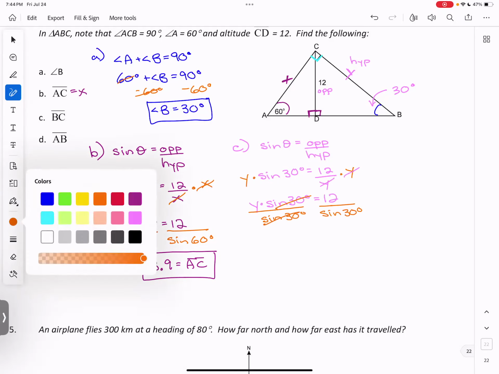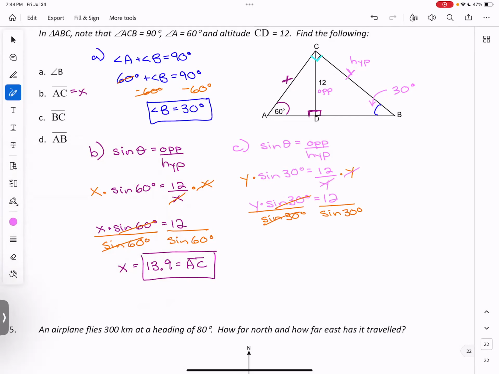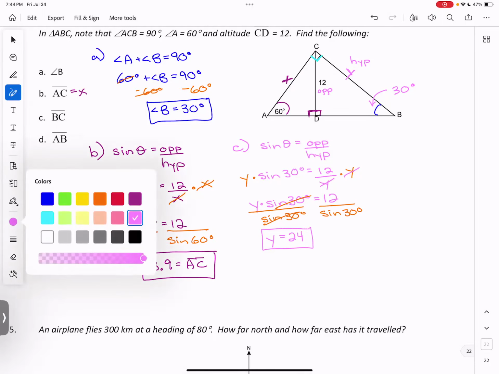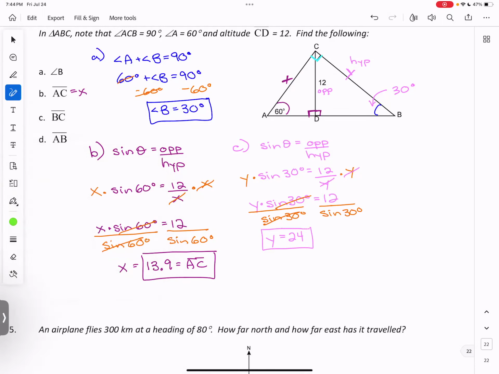So I get y is 12 divided by sine 30, which gives me 24. Okay. And last one. Oh, and maybe I'll just write y is actually line segment BC. I just don't like writing BC over and over again.